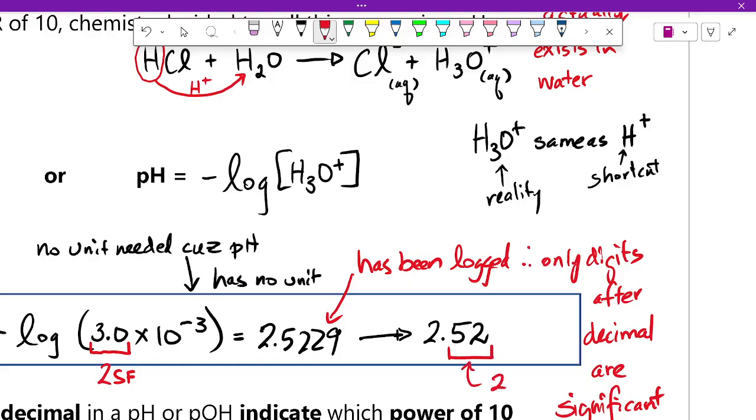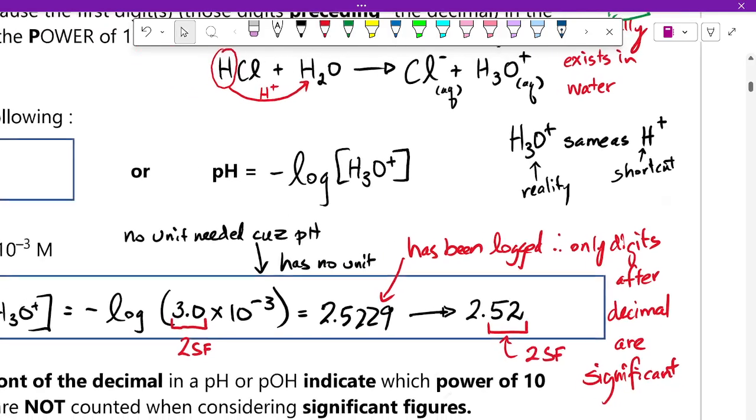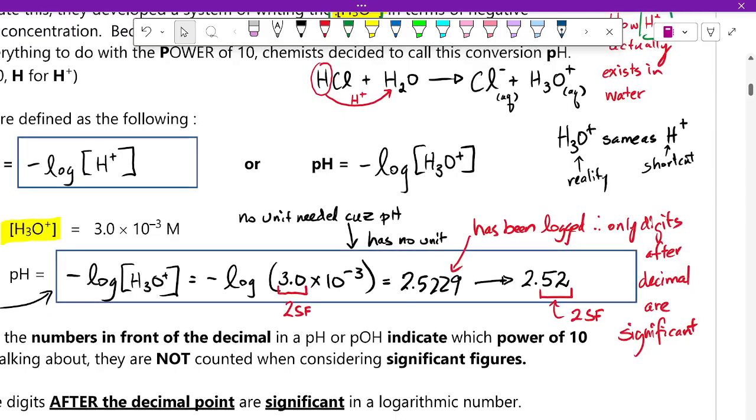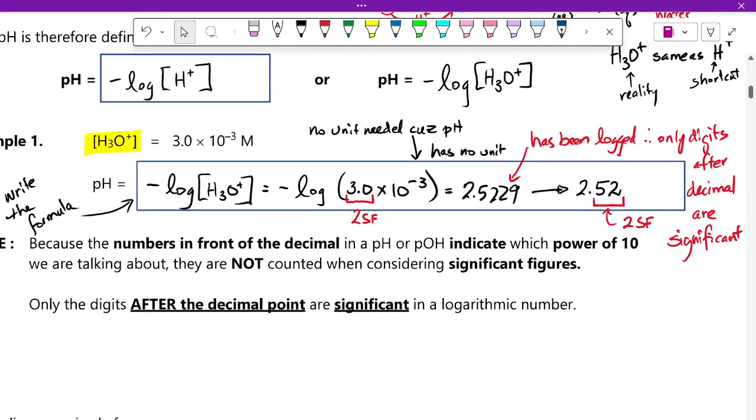Okay, so that has 2 sig figs. So numbers in front of the decimal indicate what the power of 10 we're talking about, and they are not counted as sig figs. So only digits after the decimal are significant in a logarithmic number.